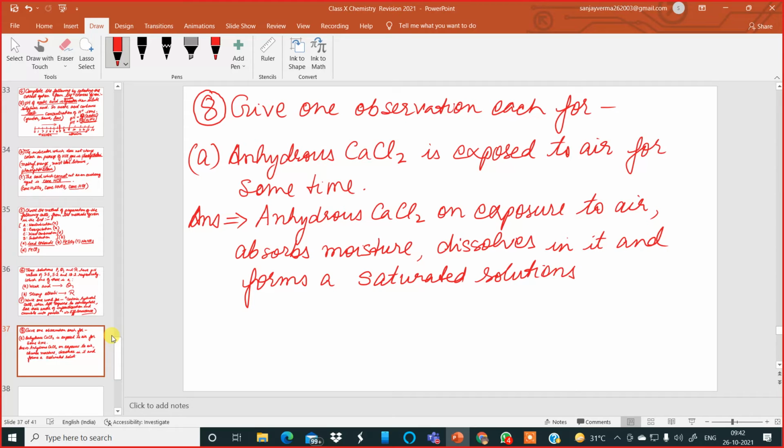Okay, that is 8A. This is how you are supposed to write the answer.